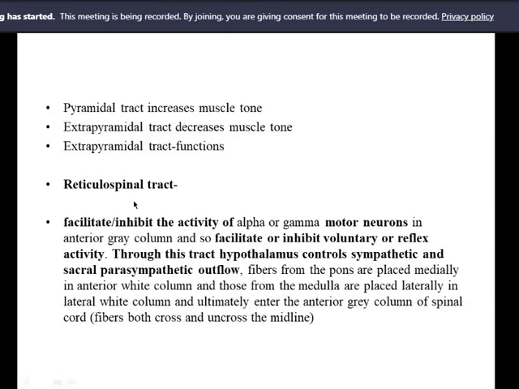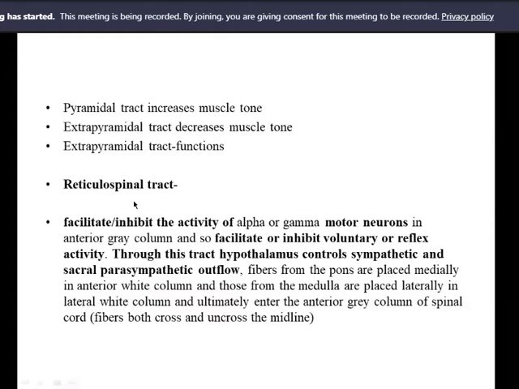So from this full reticular formation, some motor tracts originate, that is called reticulospinal tract, and it facilitates or inhibits the activity of the motor neurons, maybe alpha motor neuron, maybe gamma motor neuron in the anterior gray column, so facilitates or inhibits voluntary or reflex activity.